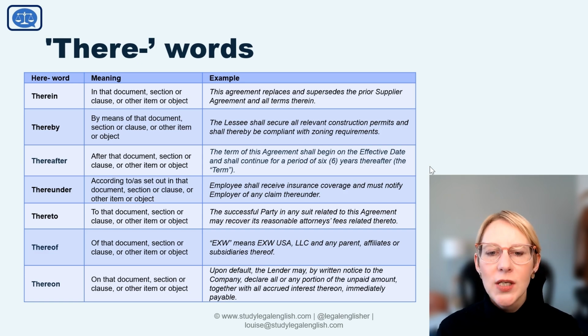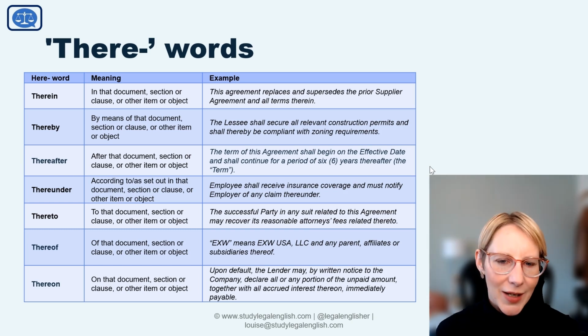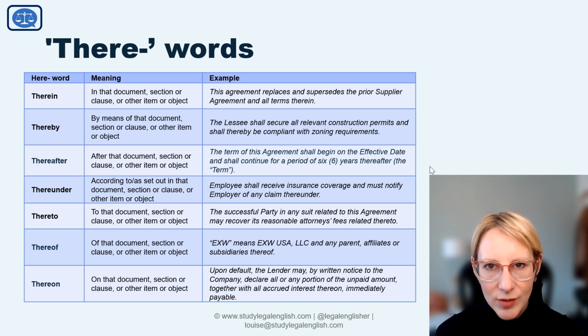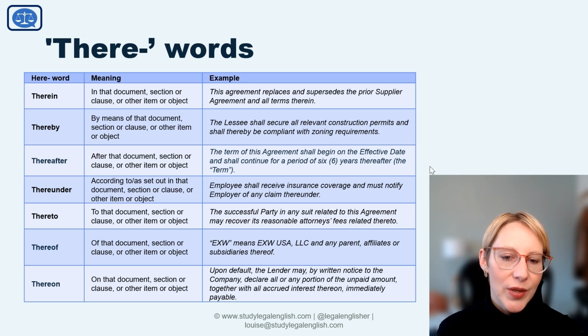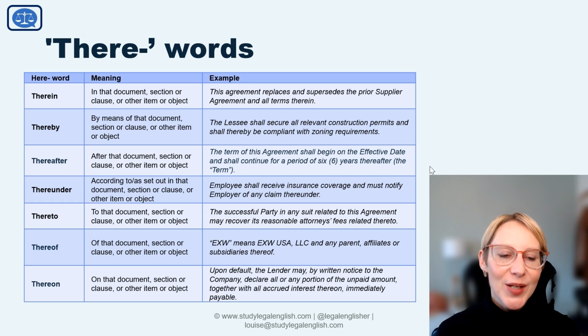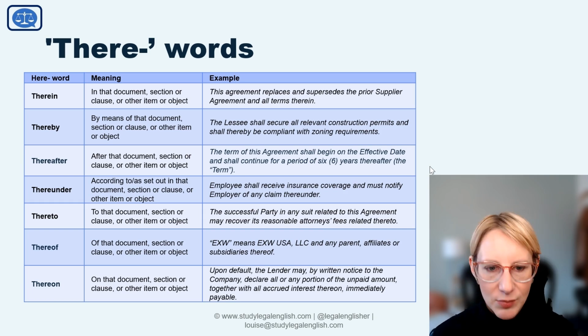But if they do indeed make a claim, which is an action related to another document, which is not this document in which we find these words, if that happens, the employee must notify the employer. If the employee makes a claim under the insurance document or according to the insurance document, then they need to notify the employer.